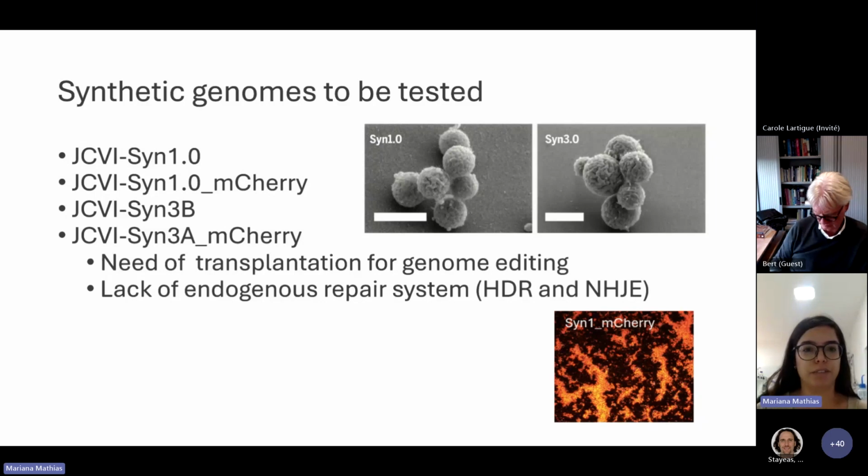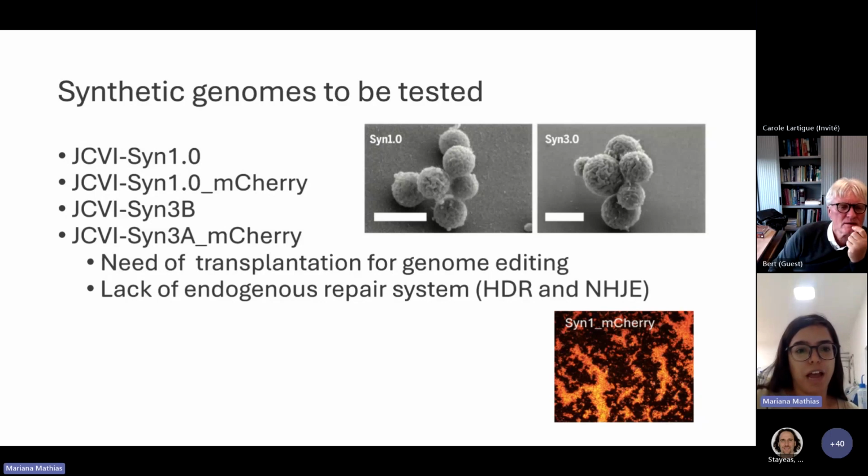We all know that we still need transplantation for major genome editing, and that's something that's very hard to do, I imagine, since I never tried it, but when I read, it does feel like a lot of effort.